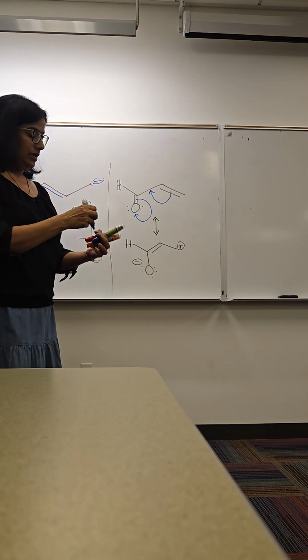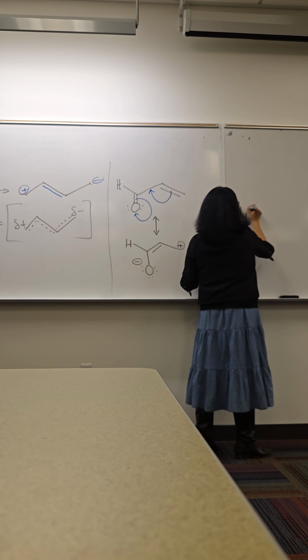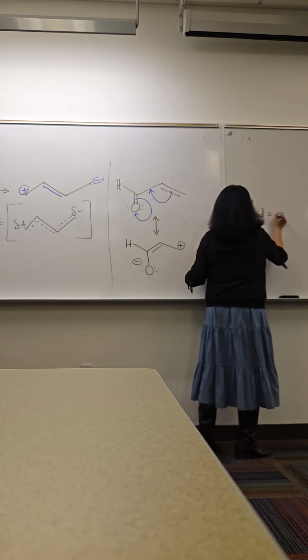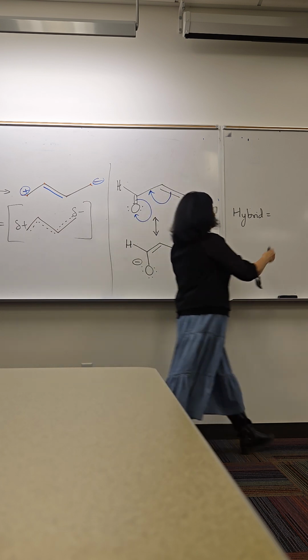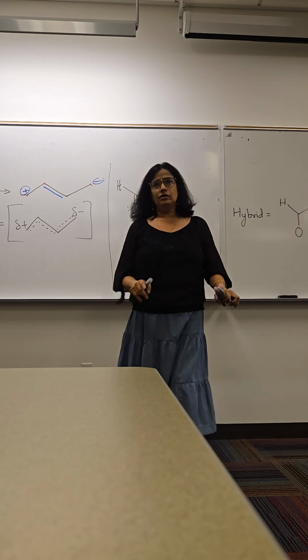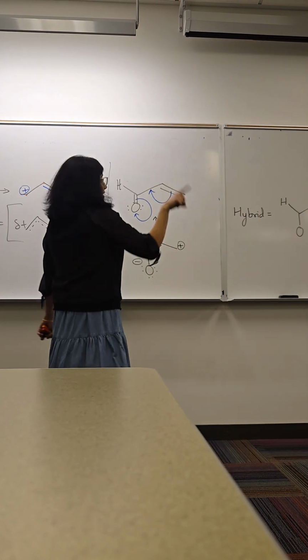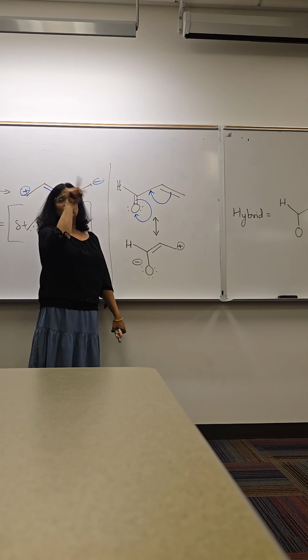Let's draw the hybrid. What would the hybrid of these two look like? What would be the combination, the middle, so to speak, between these two? The skeleton does not change. In fact, I first draw out my skeleton because I know that won't change. And then the delocalization. Which atoms are participating in this delocalization?